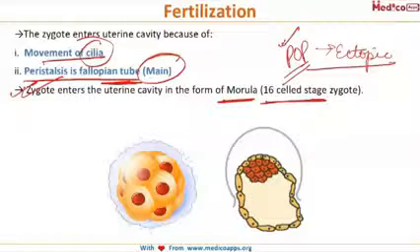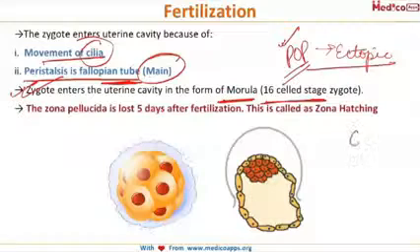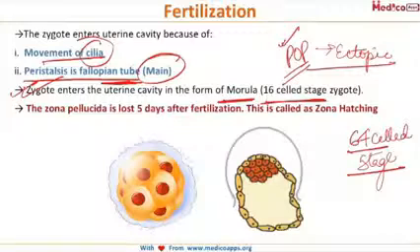Now, on the 4th and 5th day, the cell division continues and it reaches a 64 cell stage. Here, the morula is covered by a film of mucus. Fluid passes through the thin canaliculi of the zona pellucida, which separates the cells of the morula, and it is then called blastocyst. Cyst because it is a fluid filled cavity now, so it leads to the formation of blastocyst.